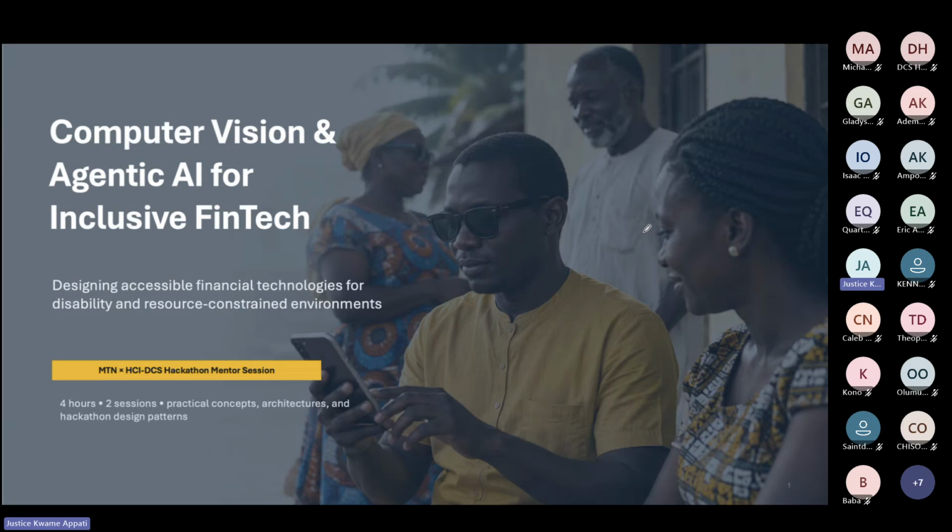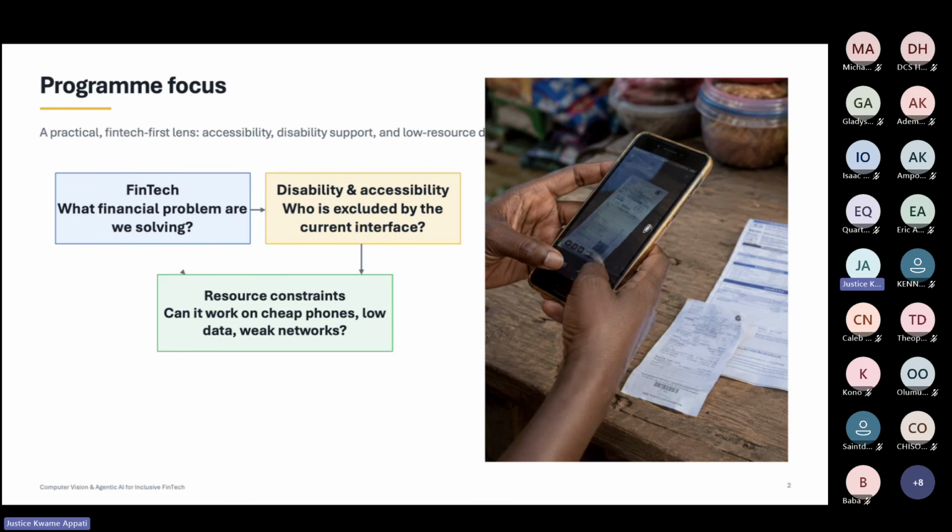This is how we navigate every complex space we find ourselves in, which means that computer vision cannot be in isolation. It works with other components. I'm sure you enjoyed yesterday's meeting, and you'll be enjoying tomorrow's meeting as well, and you realize that they all have to come together to form a very complete system.